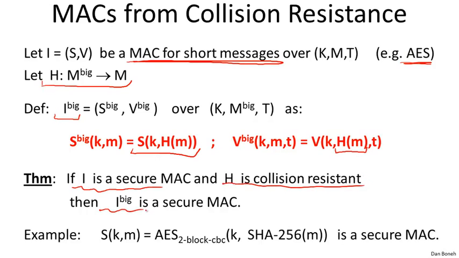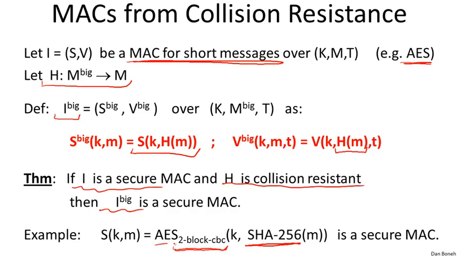As a quick example, let's apply this to AES. Let's use the one example that we mentioned, SHA-256. SHA-256 outputs 256 bits, which is 32 bytes. So we have to build a MAC that can MAC 32-byte messages. The way we could do that is by applying the 16-byte AES, plugging it into a 2-block CBC.